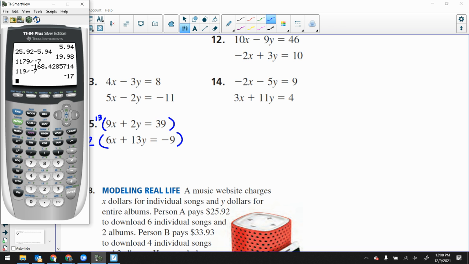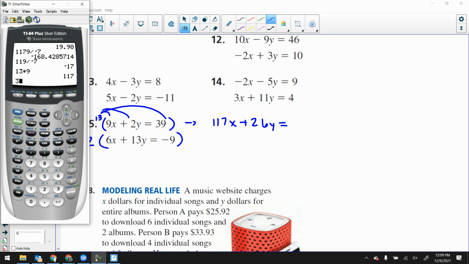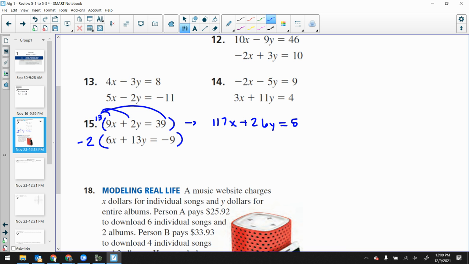Okay, so 13 times 9 is 117. So this is 117x plus 26y is equal to, big number, 39 times 13, which is 507.